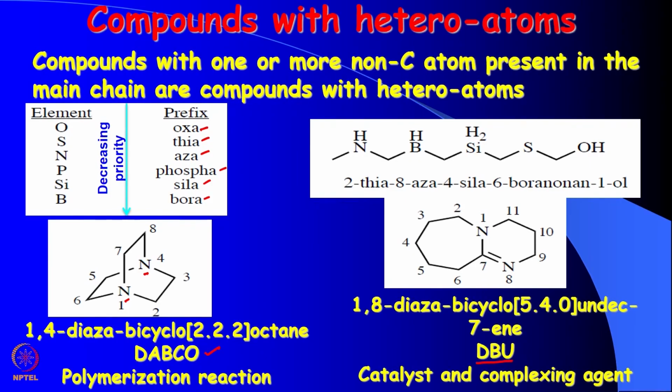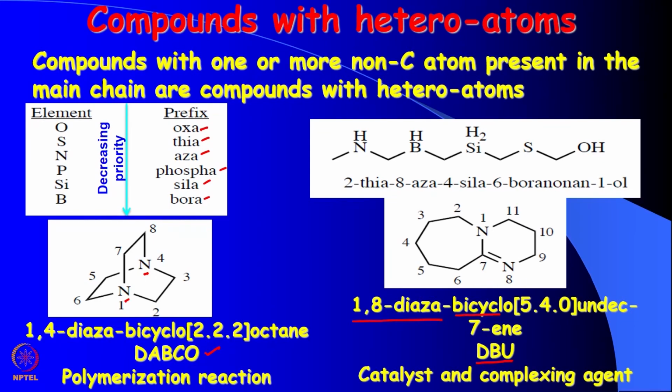So, the name is similar, bicyclo[5.4.0], because on this side you have 5 atoms, on the other side you have 4 atoms, and the bond is there between the 2 atoms. So, it is bicyclo[5.4.0]undecane, 7-ene because you have a double bond at the 7 position, and there are 2 aza groups. So, we write 1,8-diaza.